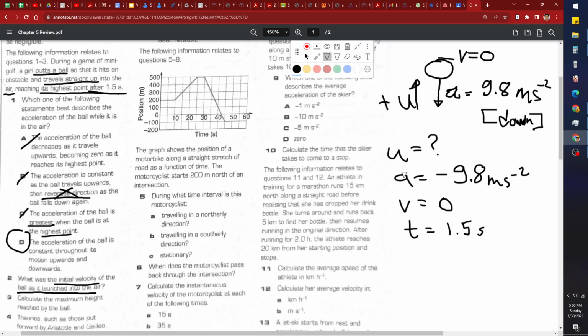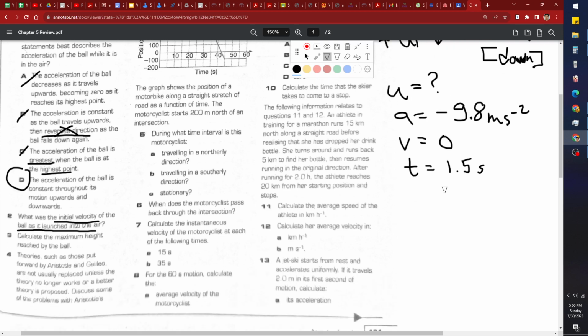Okay, so now that we have 3 variables we know and one that we want to find, we can choose the equation that best fits. And if you look at your formula data sheet, you'll find that this formula is the one that matches all those variables. Okay, so we'll rearrange this so that we solve for u.